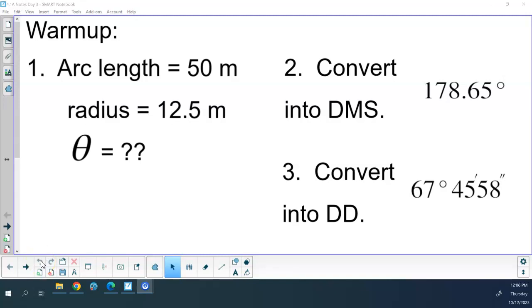So number 1 is asking how many radii get us an arc length of 50 meters, because that then tells us how many radians we have for a central angle. So really what you're doing there is you're just dividing your arc length by the radius.